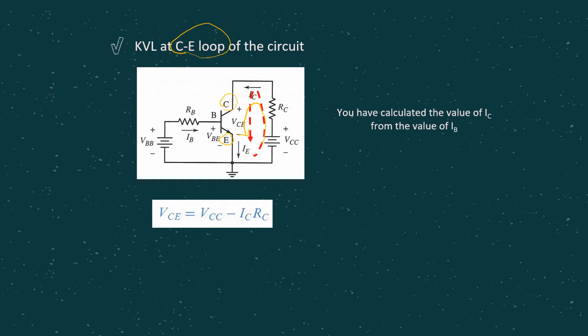If you do KVL for this particular circuit, you are going to get VCE equals VCC minus ICRC. VCC always given, RC given, IC you already calculated from BE loop just now, remember, when we calculate the currents. Then simply from here we can calculate for VCE, voltage between collector and emitter.